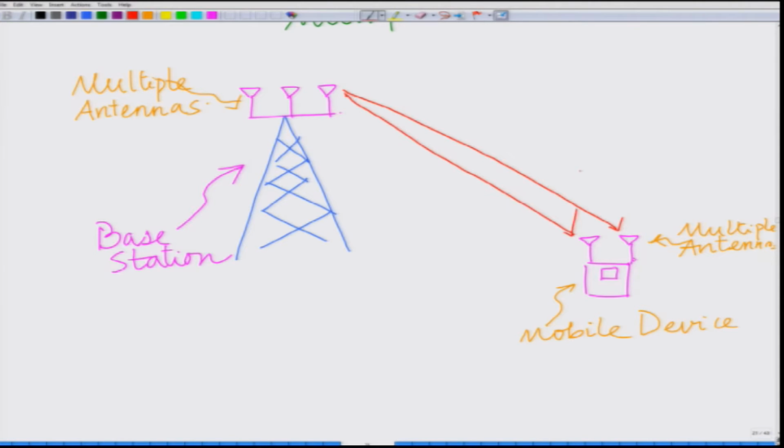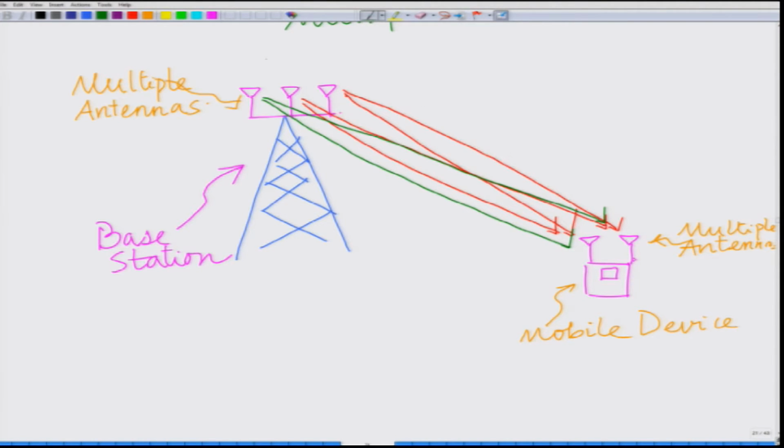So, you have multiple antennas at the transmitter and multiple antennas at the receiver, and therefore what you have now is basically a full-fledged MIMO channel.